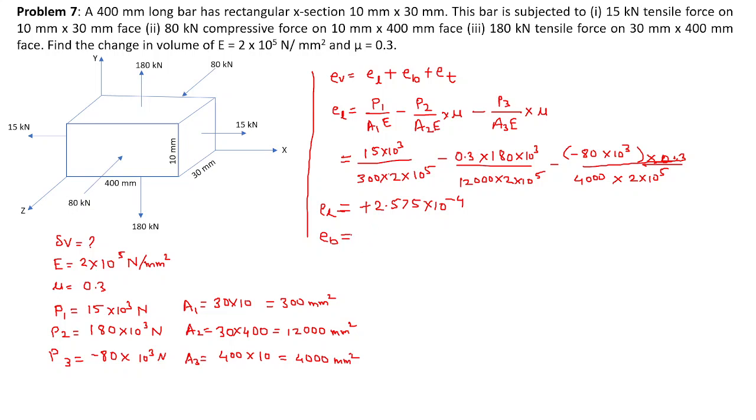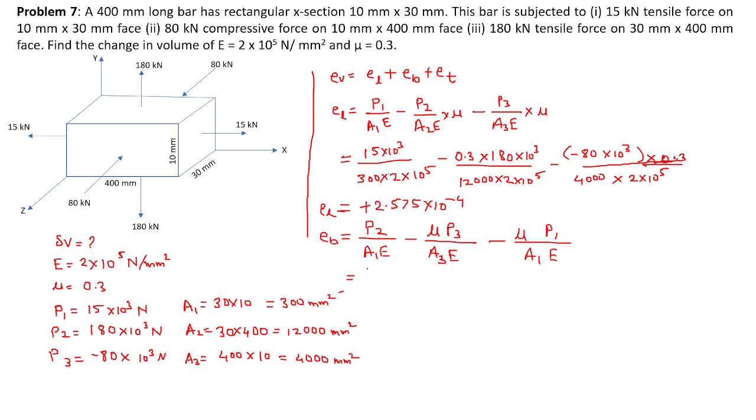EB will be P2 upon A2 E, negative of mu P3 upon A3 E, negative of mu of P1 upon A1 E. Yes, here also we can put all the values.